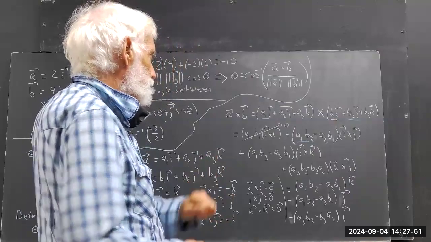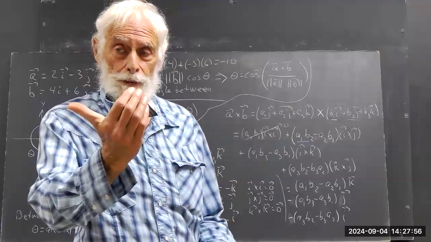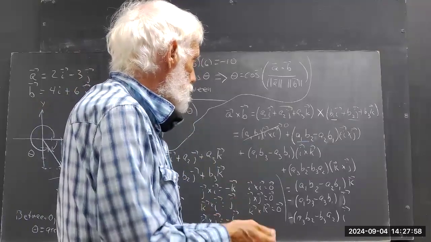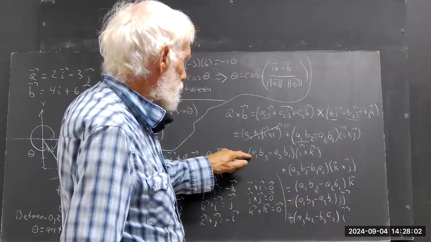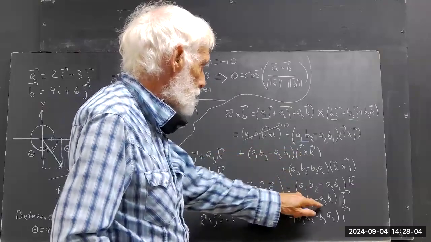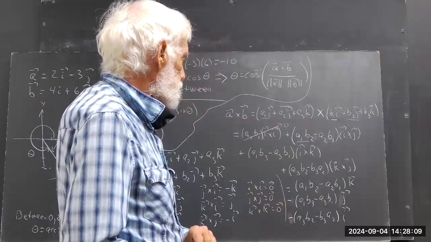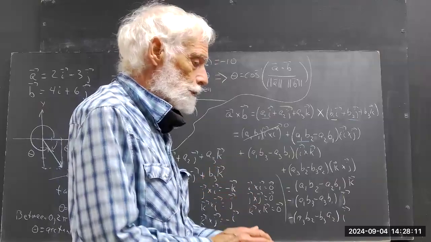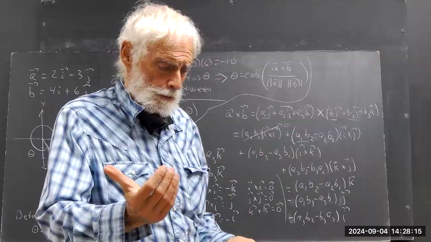Okay, then i cross k is what? i cross k is negative j. So we replace the i cross k with a negative j. So we have A1 B3 minus A3 B1 times j, but with a negative.